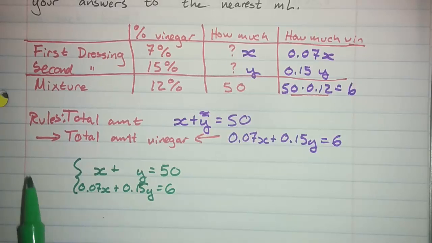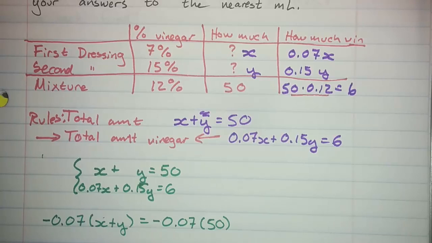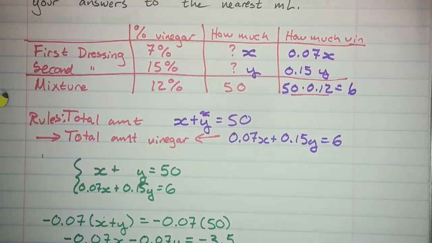I think what I want to do is multiply both sides of the first equation by negative 0.07. When I do that, I get negative 0.07x minus 0.07y equals negative 3.5.